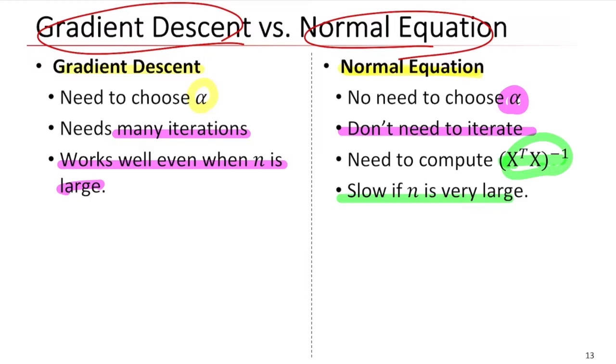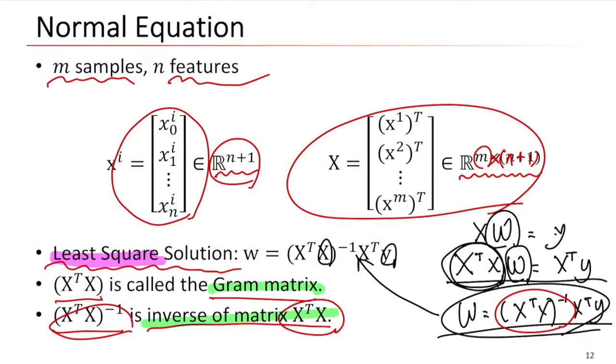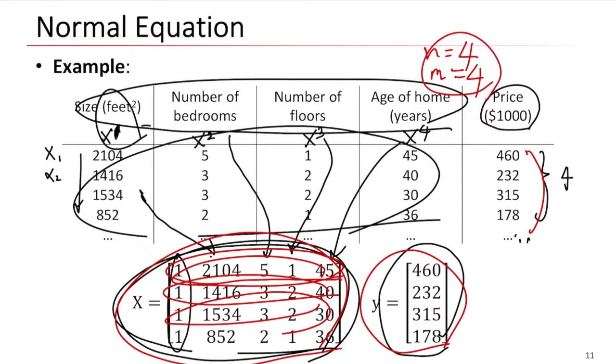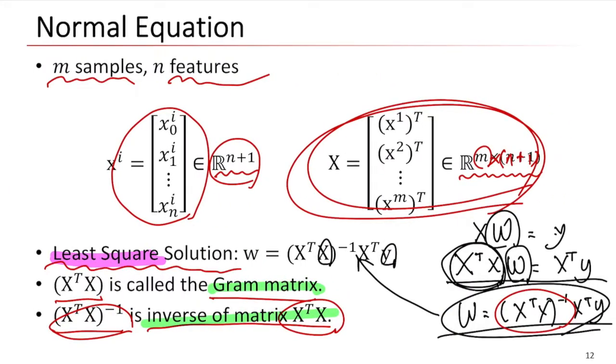What does that mean? Just think about this example, where m is equal to 4 and n is equal to 4, so with the bias it means 5, right?